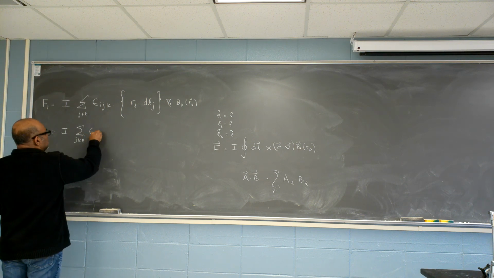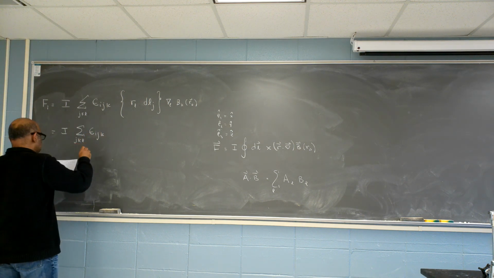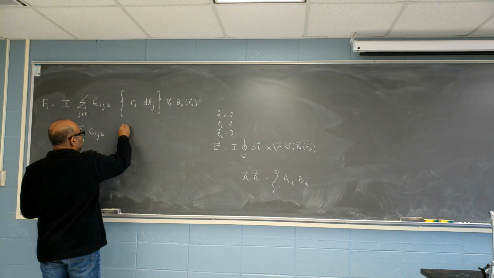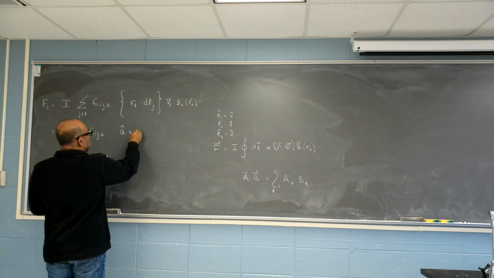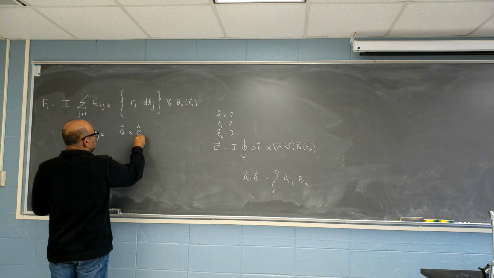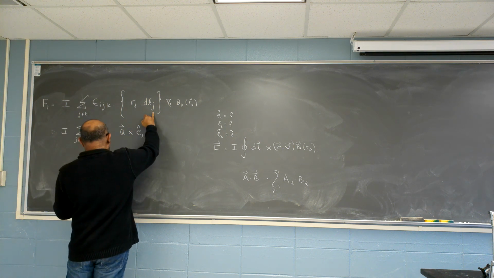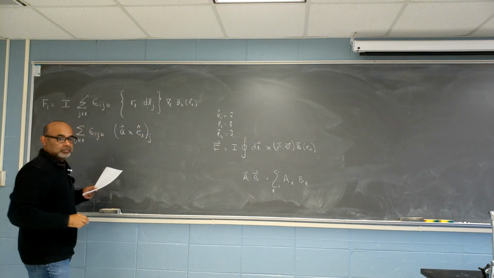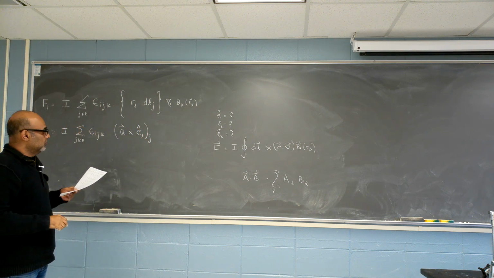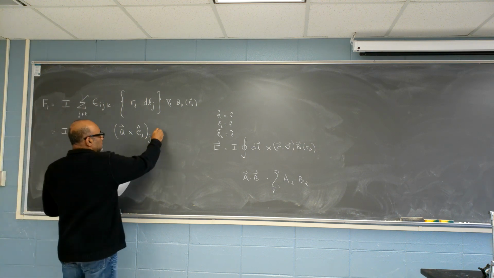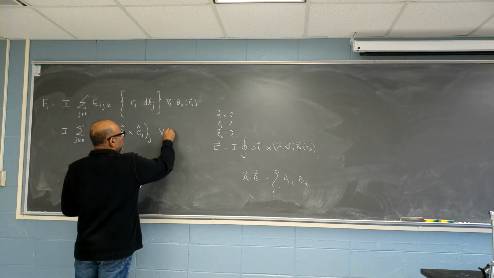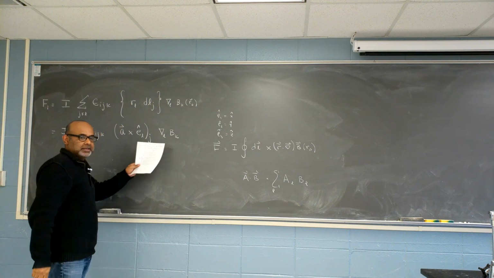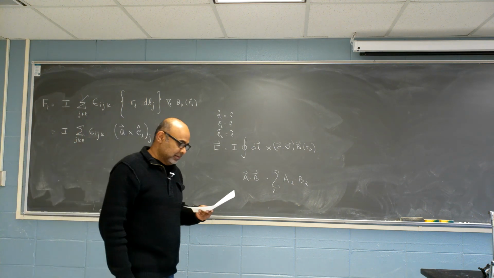Epsilon I, J, K. This is going to be the area vector crossed with E_L, but the jth component of that. I'm not going to put an R0, you just know that, well, I can stick that in at the end if you want.